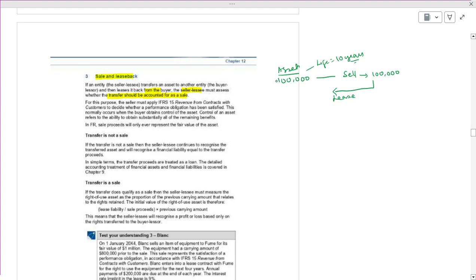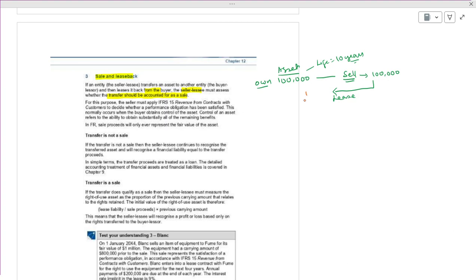See, very interesting. People will do this. As a finance manager, you will always take things how best you can work it out. You have an asset, you own it. You will sell this asset for 100,000. Then you will lease it back. When you lease it back, you will get cash of 100,000.